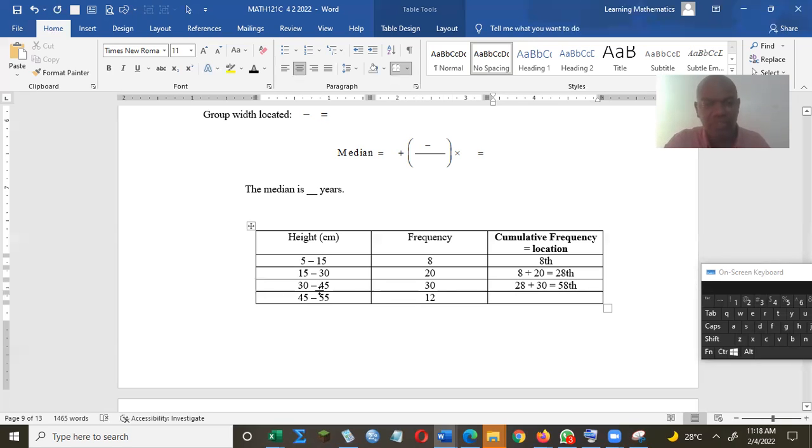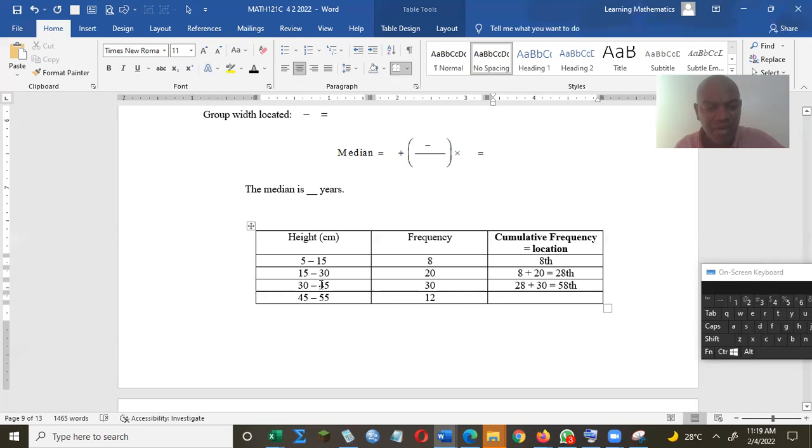We have the 29th. Because remember, the 28th is the last position here in 15 to 30. But we want the 29th, the 30th, the 31st. All of that is in this interval 30 to 45, right up to the 58th, because there are 30 numbers in that interval. 30 positions from the 29th to the 58th.